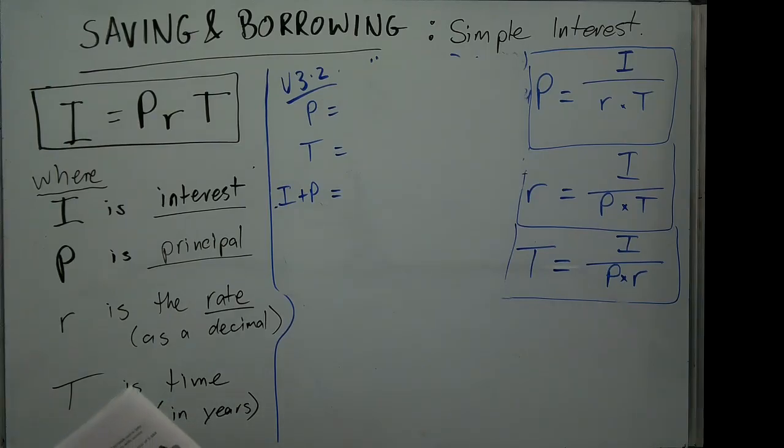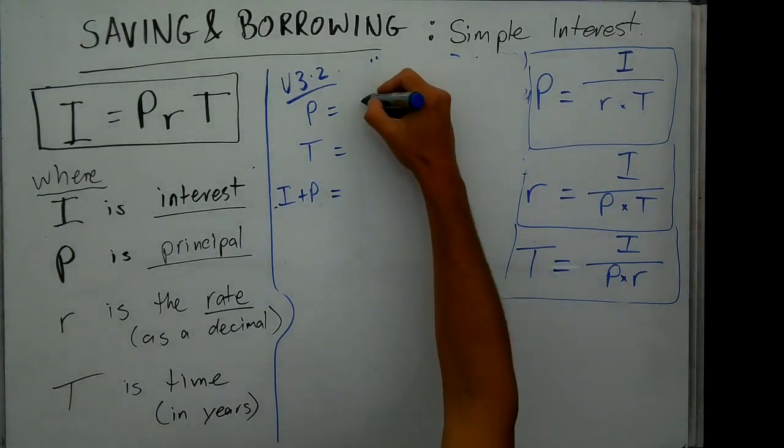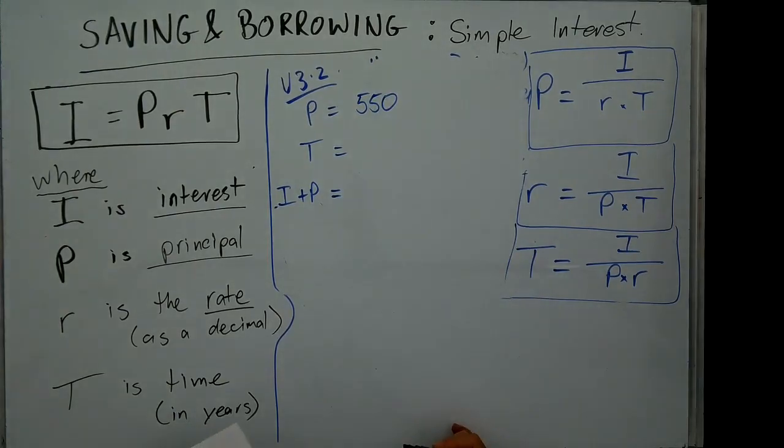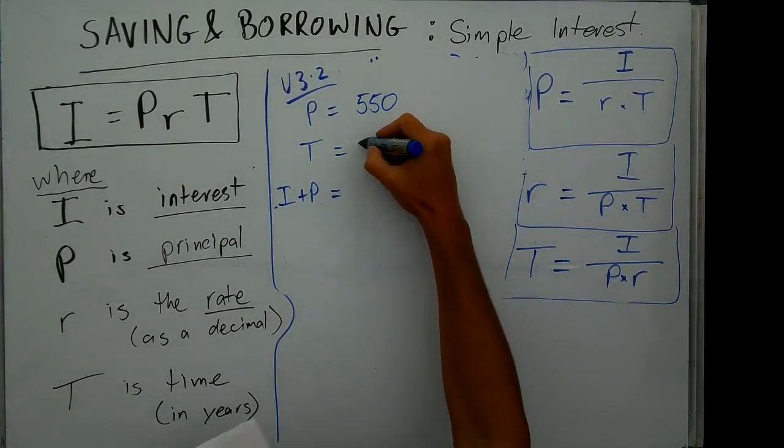Okay, so he borrowed a total of $550, which he repaid over 2 months. And he eventually, by the time he'd finished paying, he paid $684. Find the flat rate of interest. So he borrowed, which is the principal, $550 over 2 months.